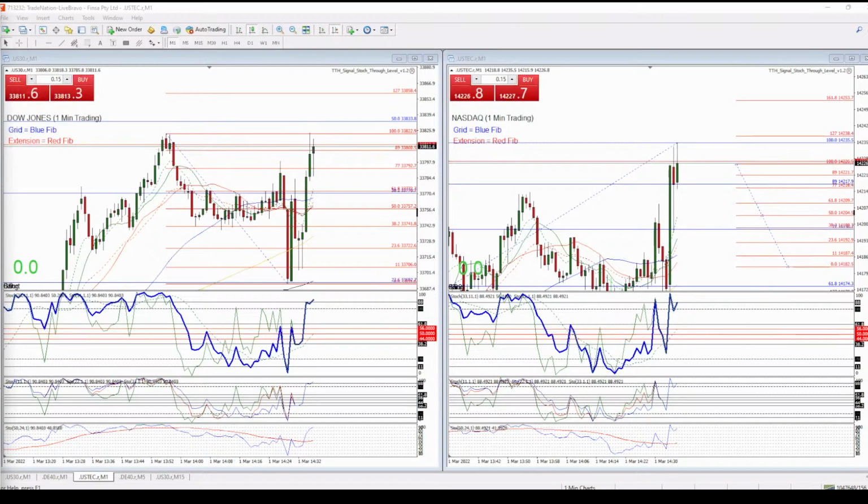We are approaching that 89 of daily high low on US Tech. So in order for me to put in another buy stop, I'd like to be above that level.